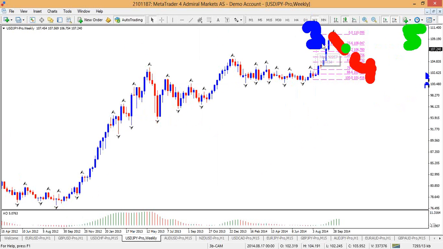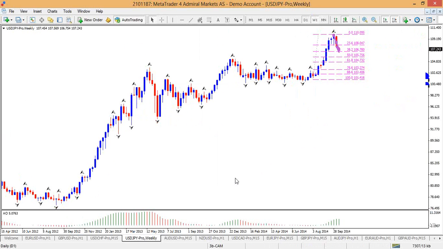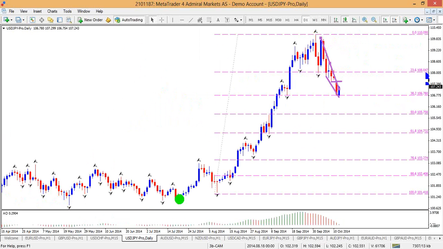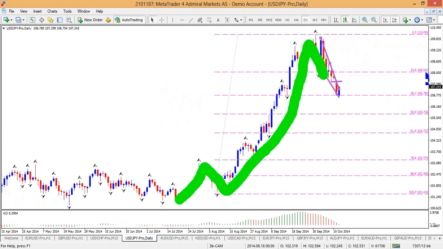But in fact, if I look closer, blue 3 might not even be finished. Because if I look at the daily, it looks like we have 1, 2, 3, 4 out of that blue 3. So we have one more up to finish blue 3. One more fifth wave to finish blue 3.